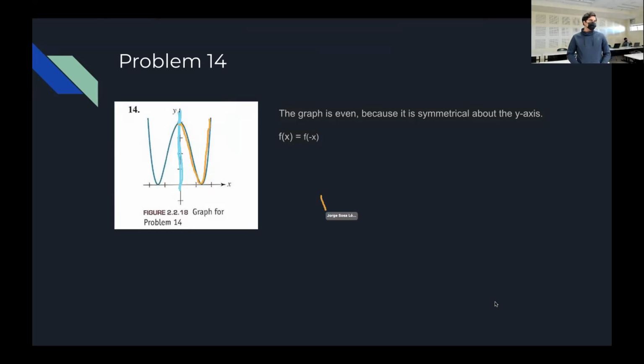It's kind of like the Rorschach that they do in psychology, where you put an ink blot and then you just fold it up. And so the same thing that we have here on the right is going to be mirrored on the left. Yes. Okay, and that means that the graph is even. Perfect. Correct. Thank you.